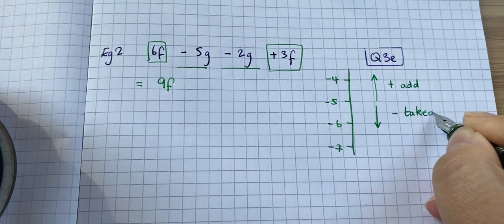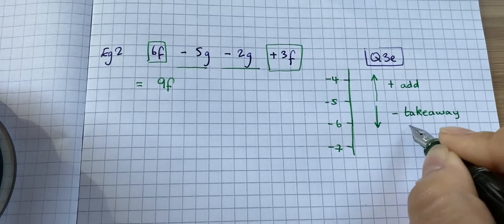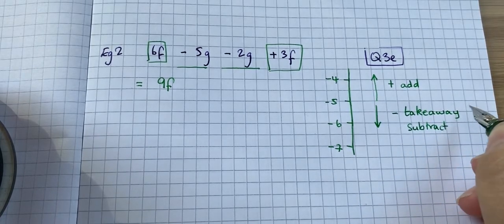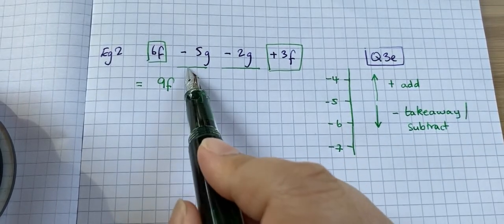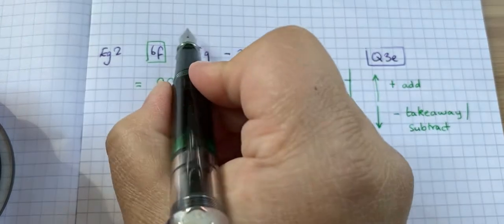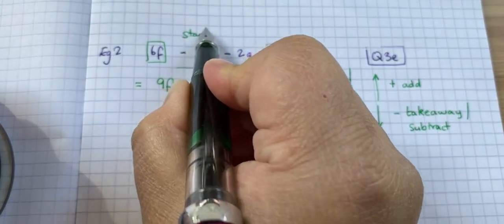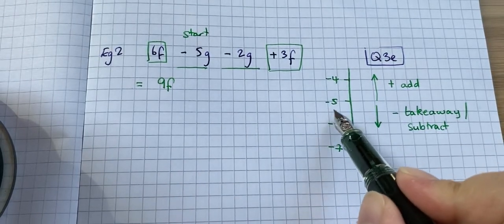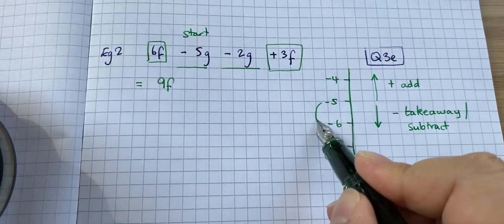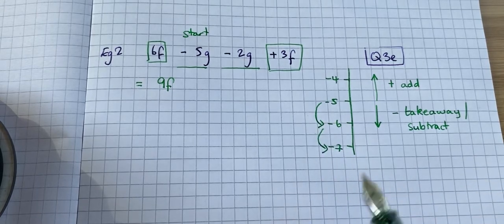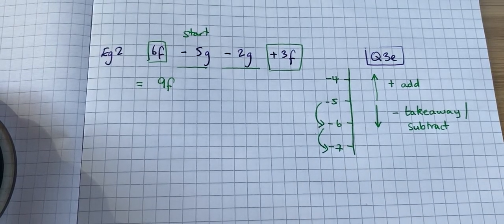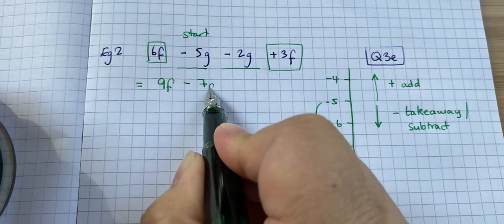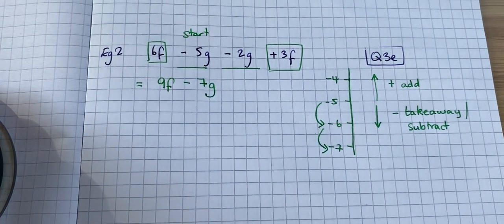So if I want to take away or subtract, I would go down the number line. So I want to do negative 5. This is our starting number. And I want to subtract 2g. So I'm going to start at negative 5, and I'm going to subtract 2. So I end up at negative 7. So my answer is going to be negative 7g. I hope this helps.